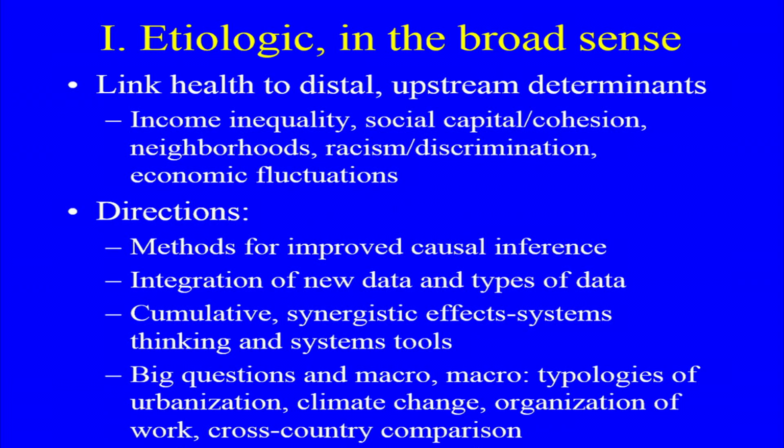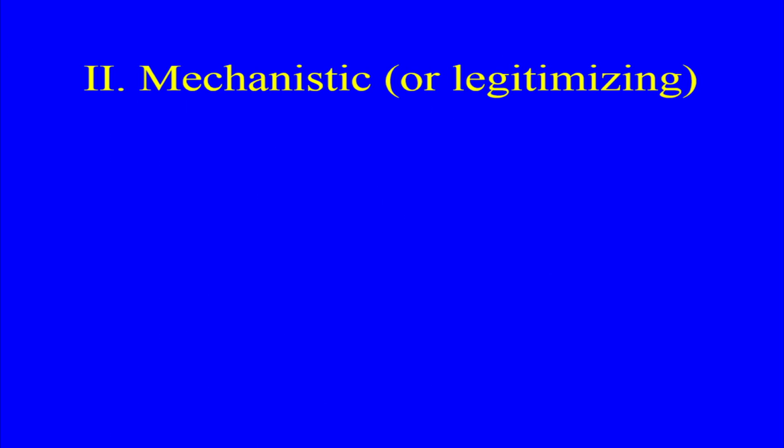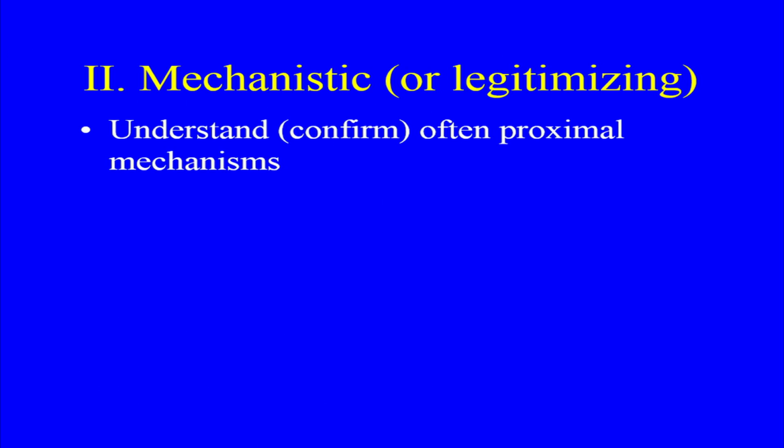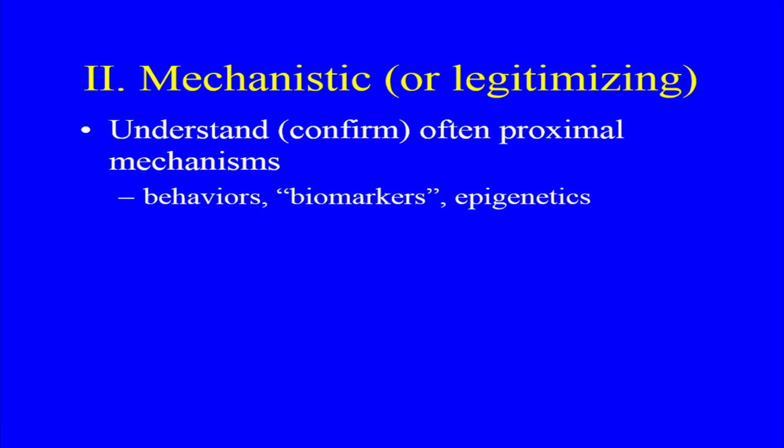So that's etiologic in the broad sense. The second area is mechanistic, or what I'm calling legitimizing. We have focused on understanding and often confirming proximal mechanisms. This work started with behaviors. Twenty years ago, people were looking at whether the social class differences in health were due to differences in behaviors, and that was a first step.